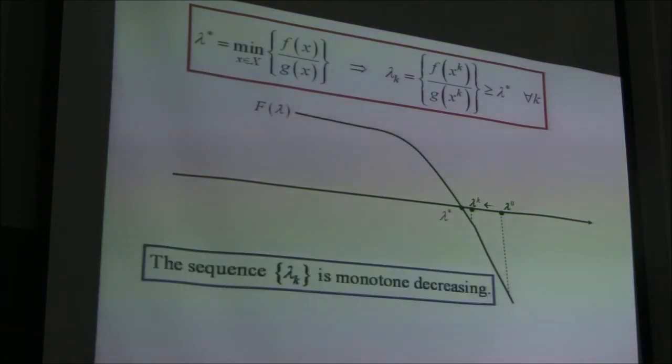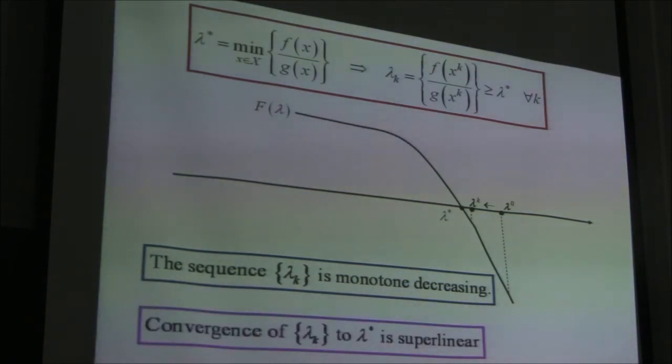It can be shown that the sequence is monotone decreasing, and furthermore we can show that the convergence is superlinear. This is quite an interesting procedure to solve fractional problems.